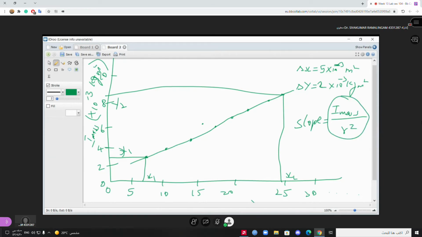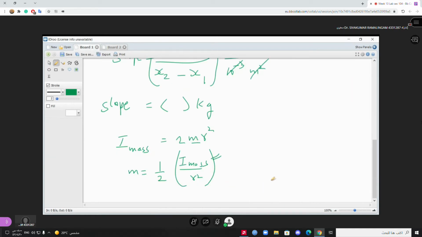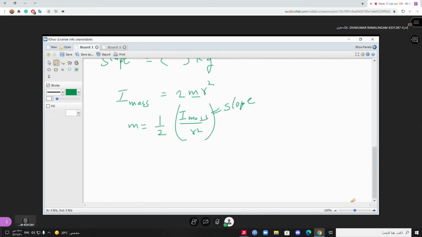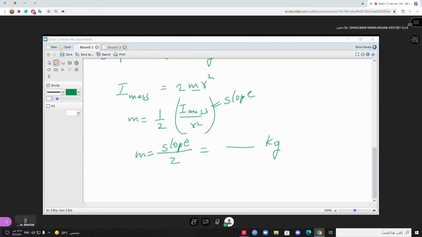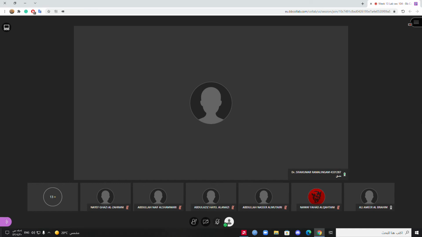Wherever I have I mass by r square, it can be replaced with the slope. Look here, this is equivalent to the slope. Therefore, m is equal to slope divided by 2, something kilogram. Is it clear, Shubha? Yes. So we'll use the final formula. Okay, the next, there is one more part left in this. Where is that?